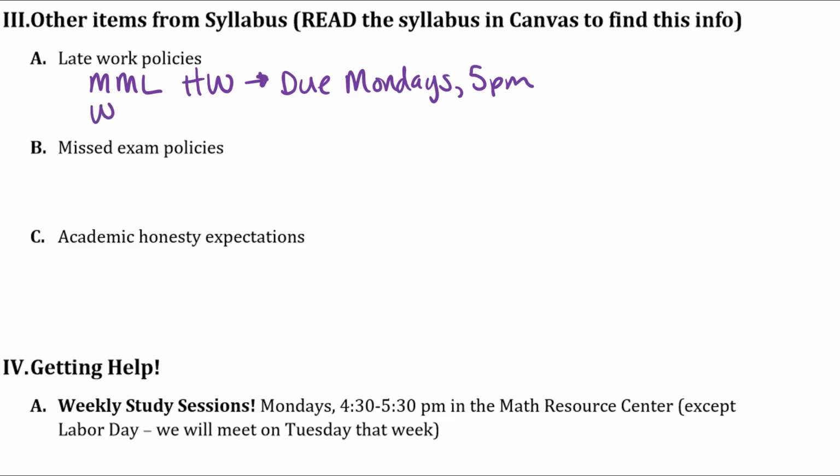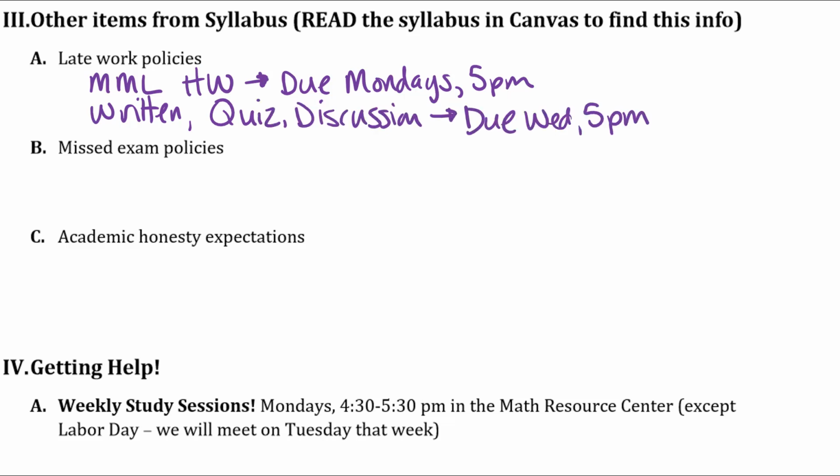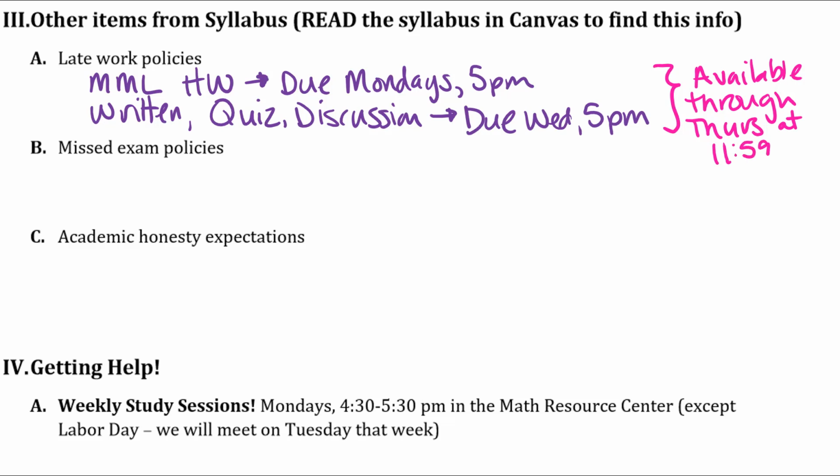And then you have your written checkup, and you have a quiz and a discussion, and those are usually due Wednesdays at 5. All of those assignments are open, so they are available to submit through Thursday at midnight, or actually 11:59 p.m. So they are all open through Thursday at 11:59 p.m. to submit for full credit.